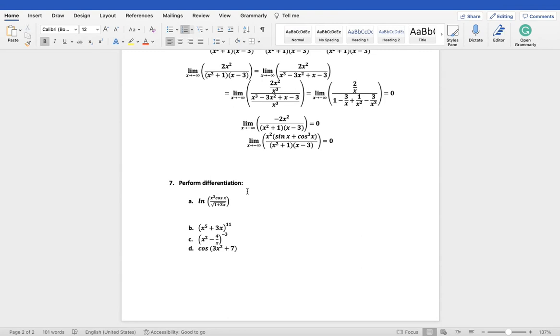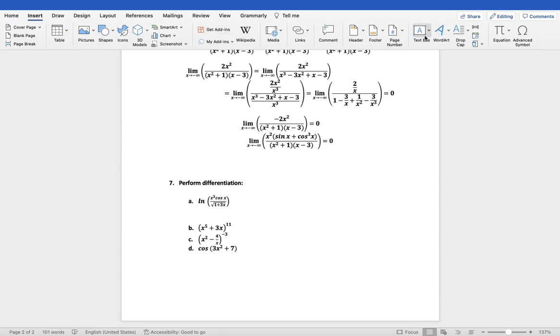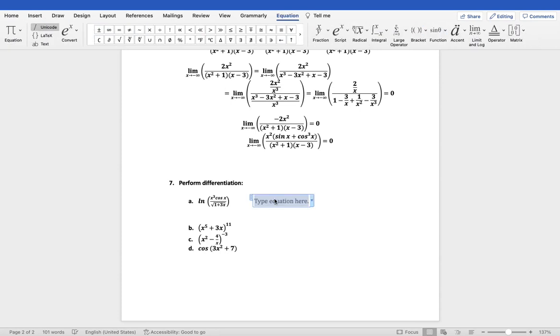When you're looking for the derivative of ln x, and from now on, just for reference, I'll be writing derivative as this little apostrophe like that, okay? Which is what you will do in class as well. So just remember that.